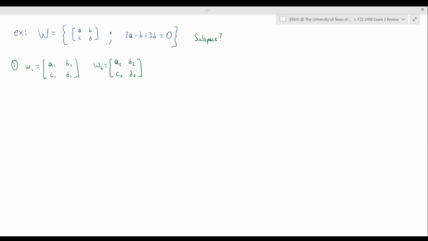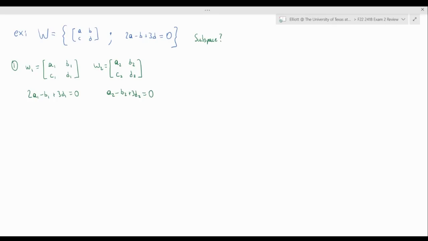And I want to assume that I'm working with two elements of our set. So I need to assume that these two matrices satisfy this equation, okay? So 2A1 minus B1 plus 3D1 is going to be 0, and same over here.